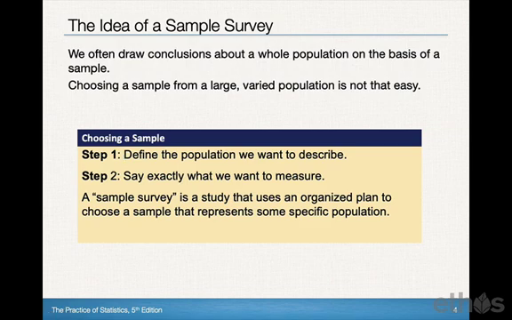Be very descriptive, or look for very detailed descriptions in questions that are posed to you. You don't want to make inference about a population that you're not sure of exactly how it's defined. All right. And if our population is particularly large, then choosing a sample that will produce a valid study can be a challenge. All right.